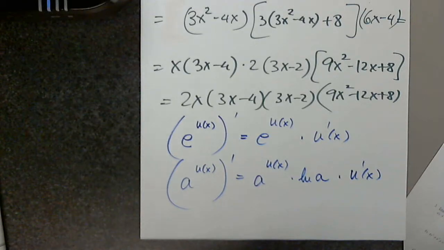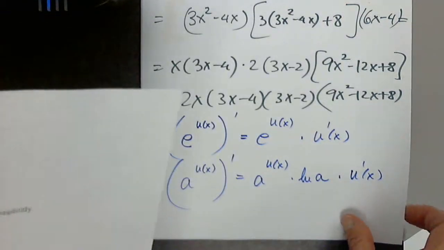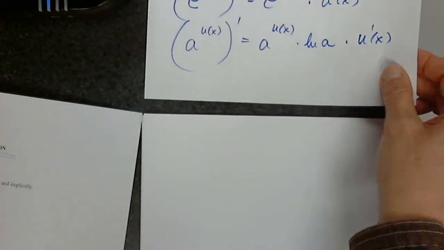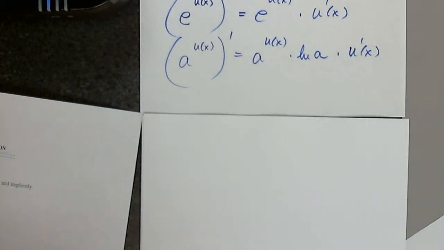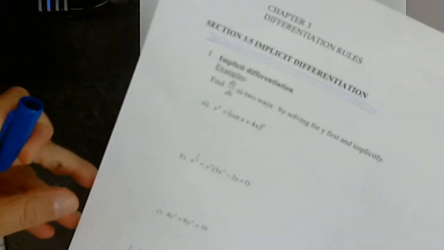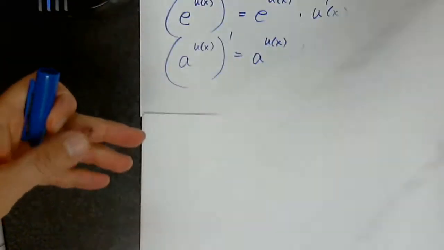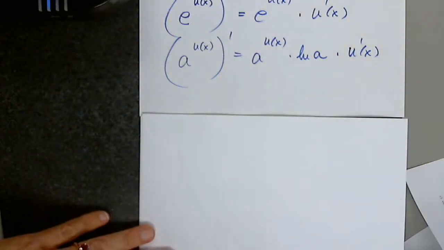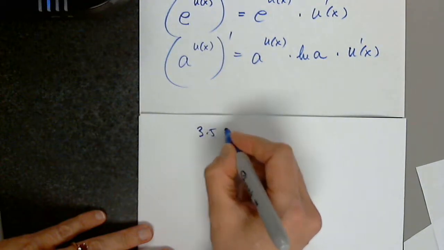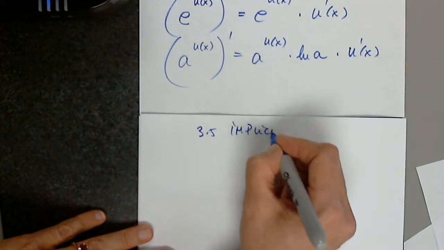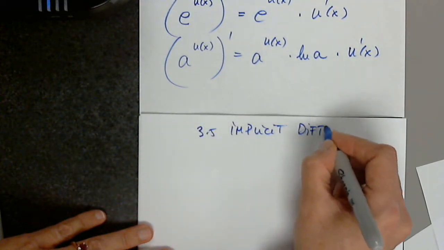Okay, so let's talk about implicit differentiation. Let me give you an example. I'm going to make one up, and then we'll go to all of these. So this is section 3.5, implicit differentiation.